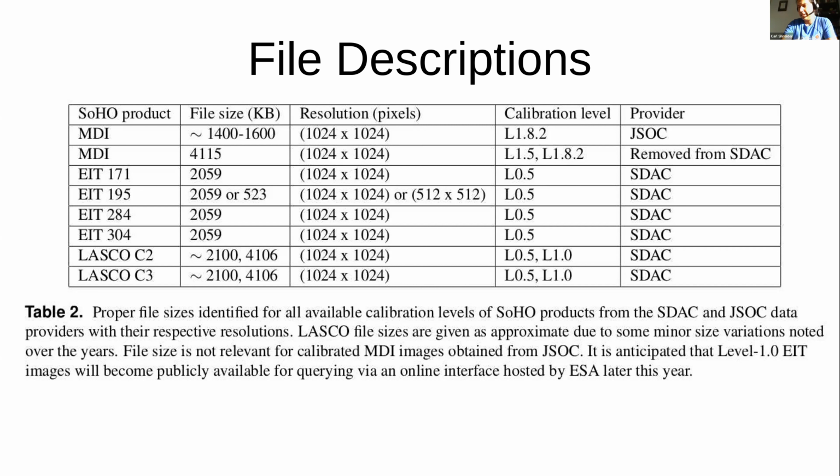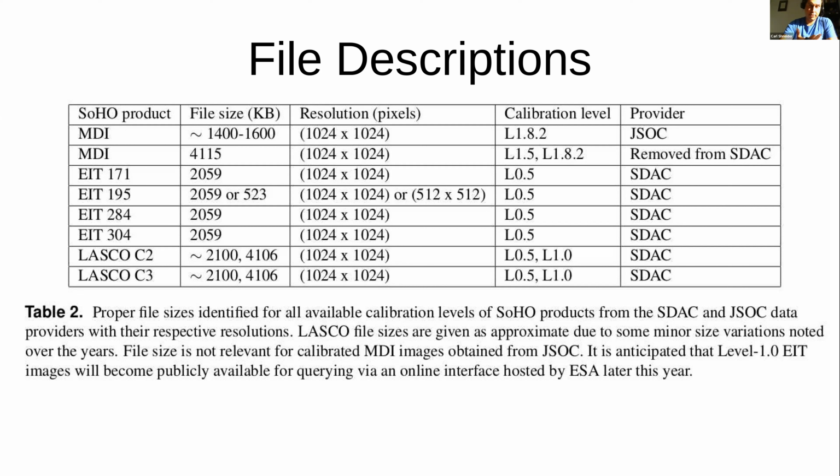They don't really fit the bill of what one wants to use later on for a machine learning system. Also, the file size is important, especially when using the SunPy Fido part.